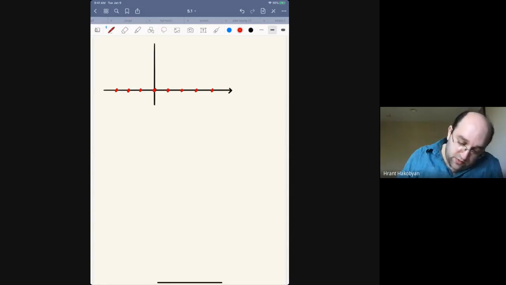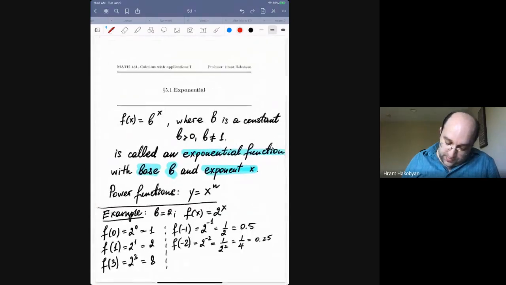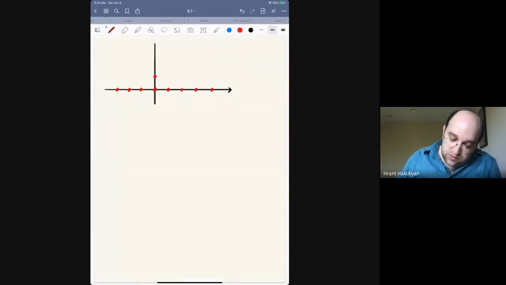At 0 the function is equal to 1. At 1, that's 2 to the power 1, which is 2.